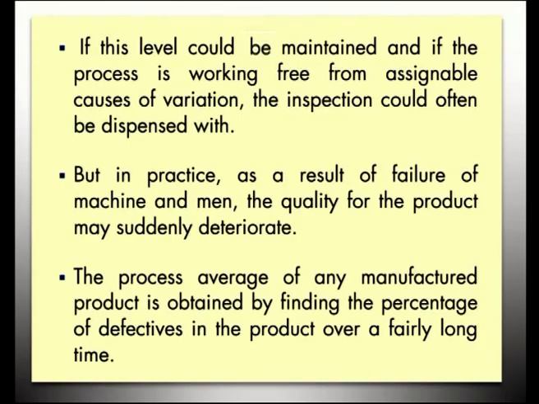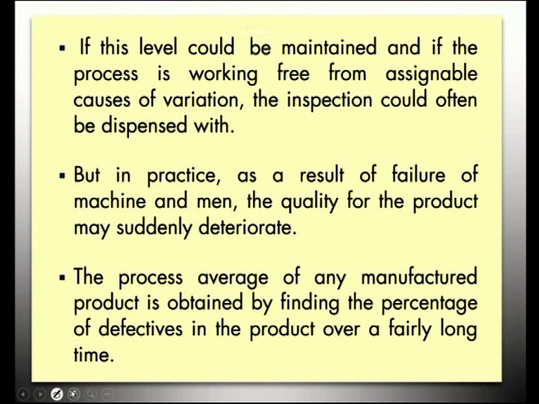If this level could be maintained and if the process is working free from assignable causes of variation, the inspection could often be dispensed with. But in practice, as a result of failure of machine and men, the quality of the product may suddenly deteriorate.